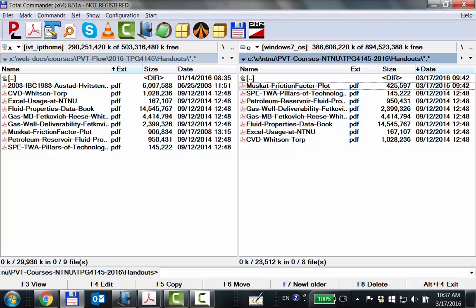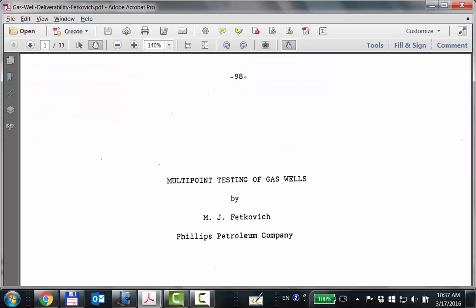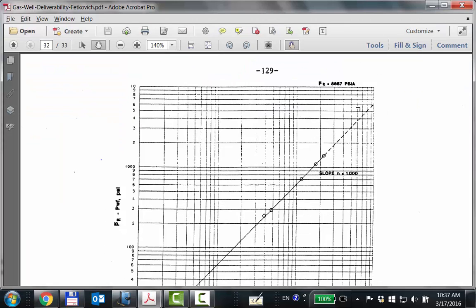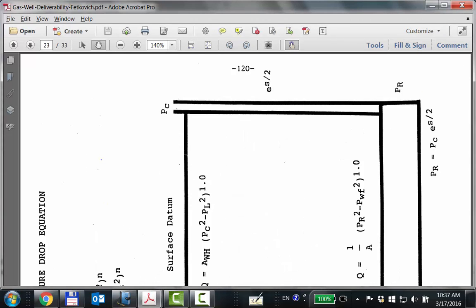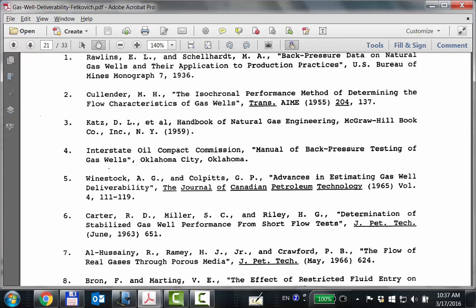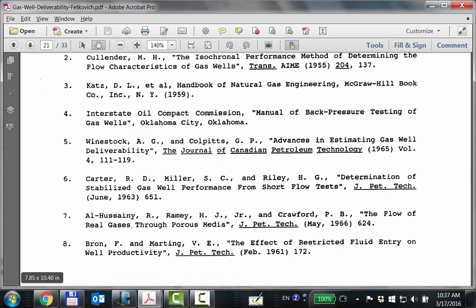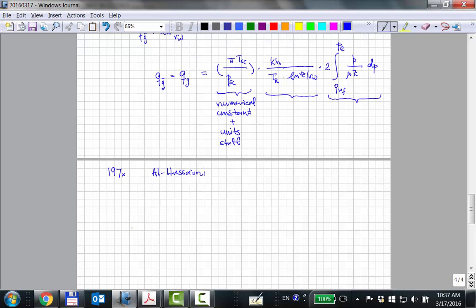Let's see here, in the paper by Fetkovich, references. Oh, there we go. Okay. Al-Hussainy, R., I don't know what it stands for. Okay. And Ramey.